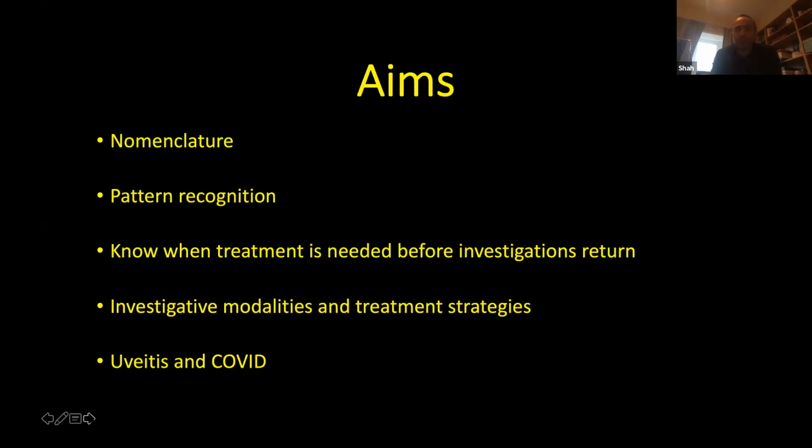Of course, with a lot of these conditions, sometimes you need to investigate before you treat, and sometimes you don't have time to wait for these investigations to come back because the condition is affecting the vision irreversibly. So we'll talk a bit about that, various investigations and treatment strategies, and a little bit about uveitis and COVID.